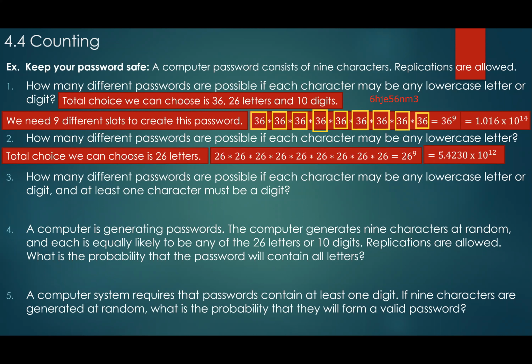Okay, now any questions with number 1 and number 2 here? Now, number 3 is a little bit different, and they ask you how many different passwords are possible if each character might be any lowercase letter or digit, and at least one of them must be a digit. So looking at this, the "at least one," right?